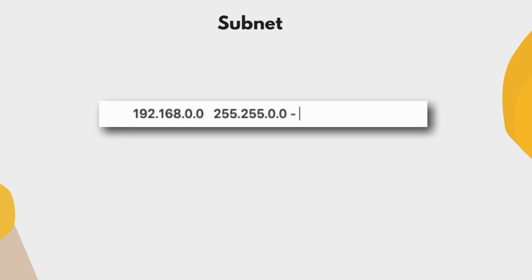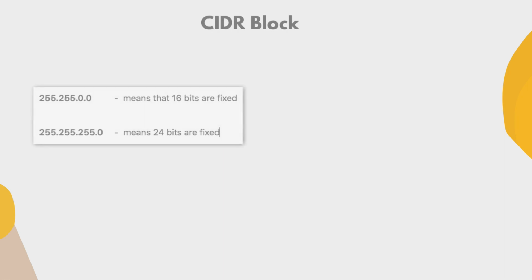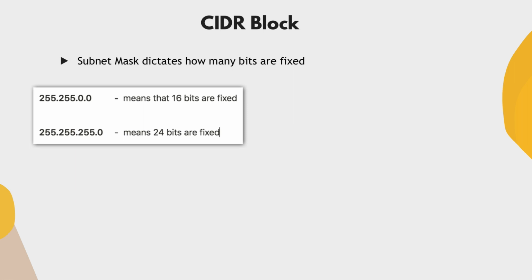And right here, we have only half of it fixated. So your IP addresses of this LAN will be from this IP address to 255.255. So within this range. That's how it works. And as we said, this subnet mask number basically dictates how many bits in this 32-bit IP address are fixed.